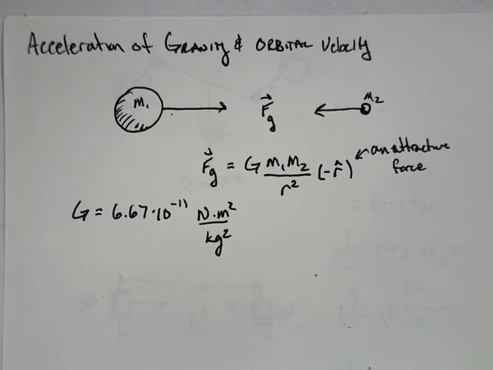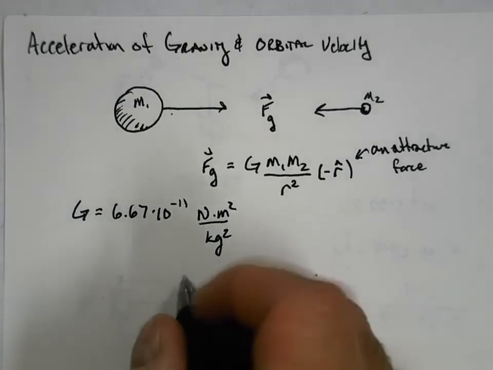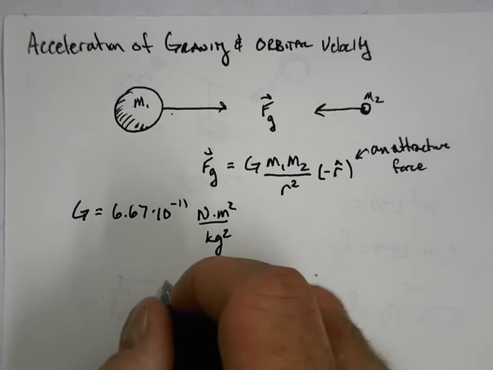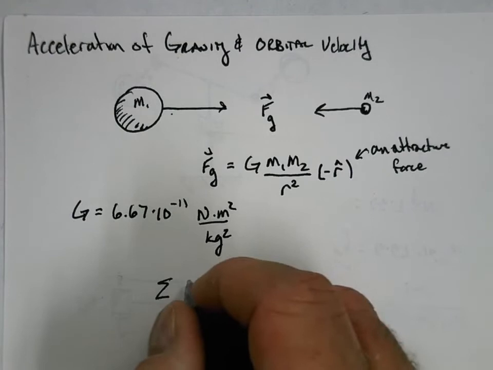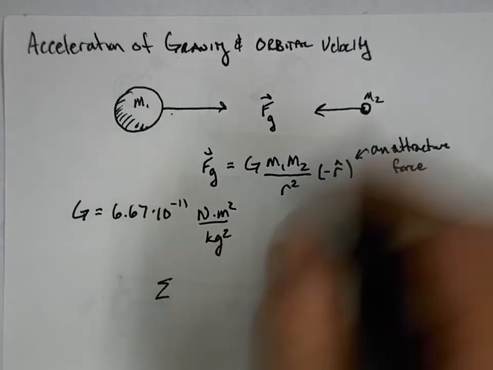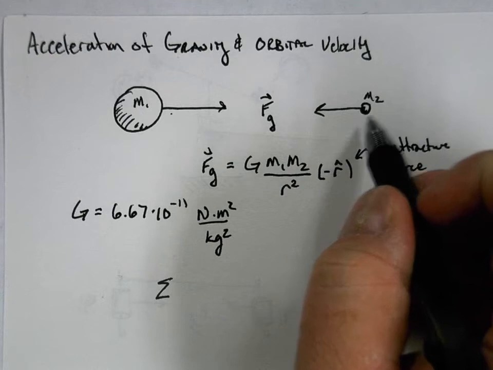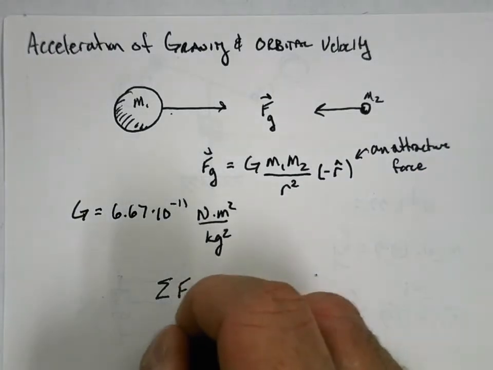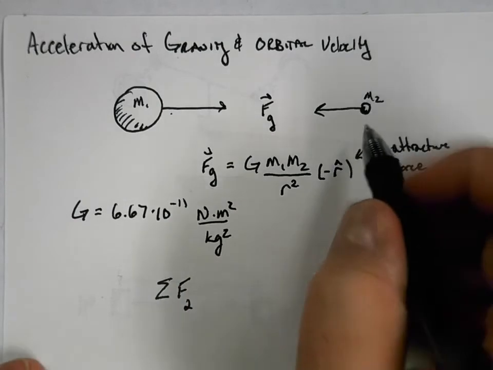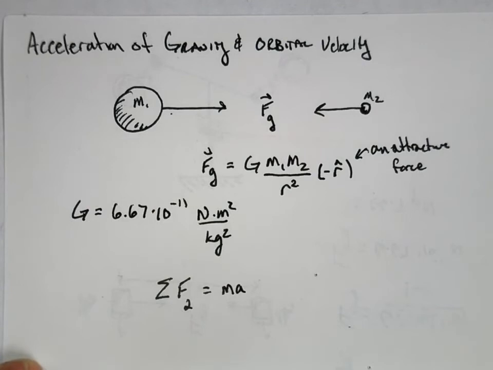Okay. Now, we do know from way back when that Newton's second law is that the sum of the forces on M2 equals mass times acceleration.